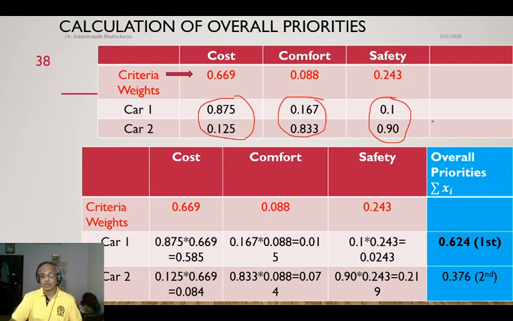So how will you find the overall ranking? For overall priorities, for car 1, for example, you multiply this by this, this by this, and you just add it up. If you add all these three, you will get 0.624 for the first car and 0.376 for the second car. This is the overall priority or overall ranking for car 1 and car 2.